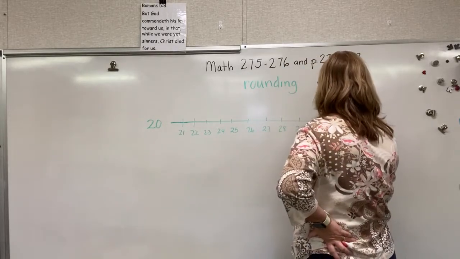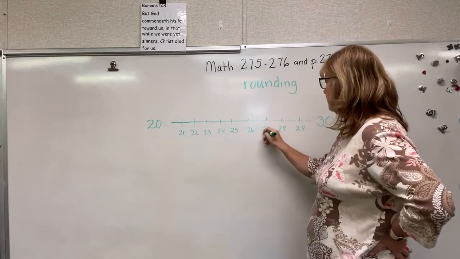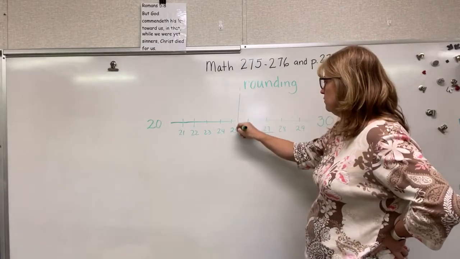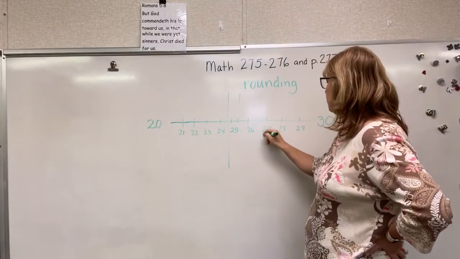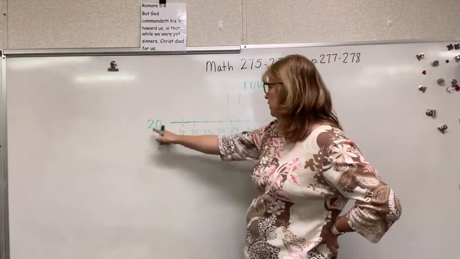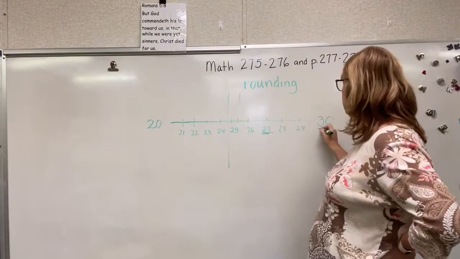Now, we said she made 27. If we draw the midway line here, she made 27. Is it closer to 20 or is it closer to 30? It is closer to 30.